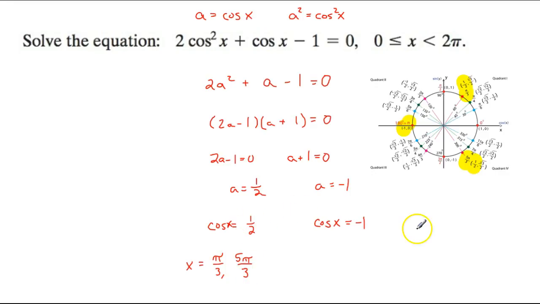The x-coordinate is a half on the unit circle when this x variable in our equation is equal to these two numbers. Okay, and then where is cosine, where's the x-coordinate, negative 1? It's when x is pi.